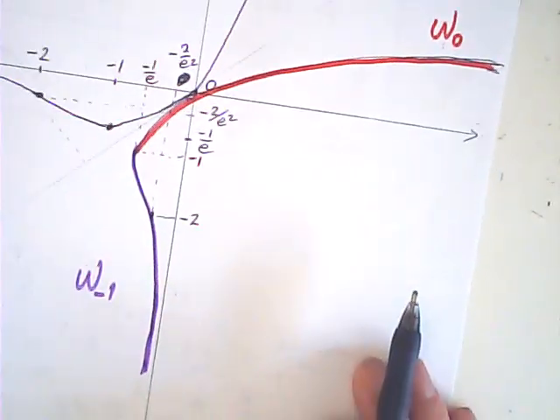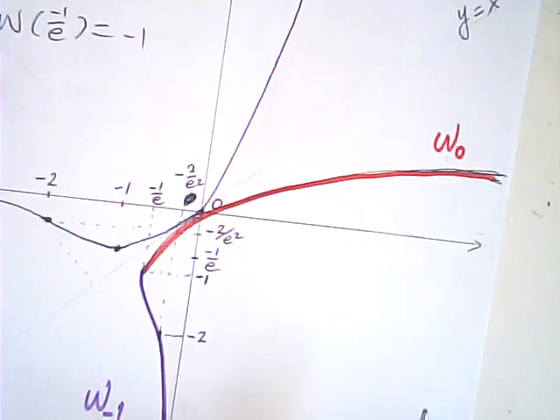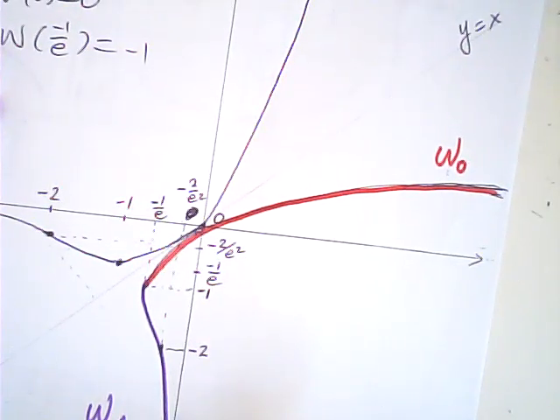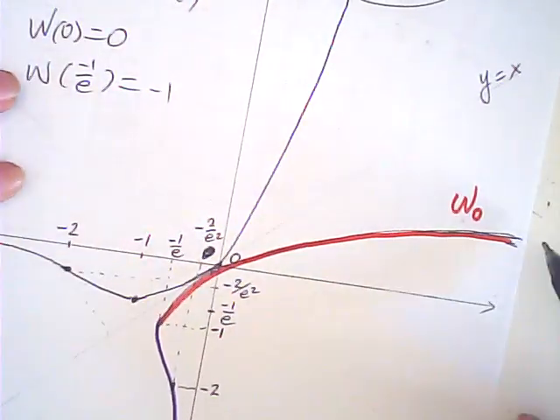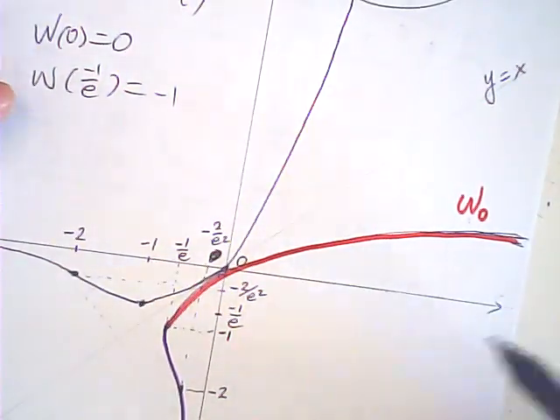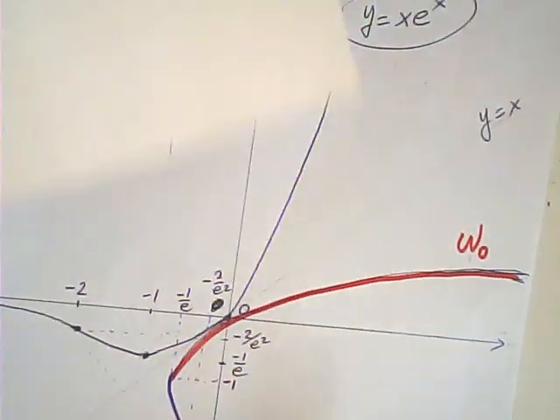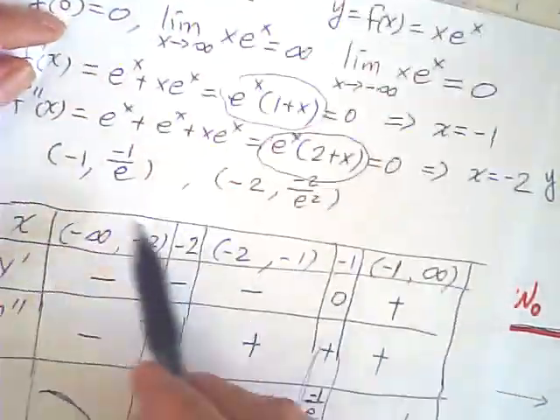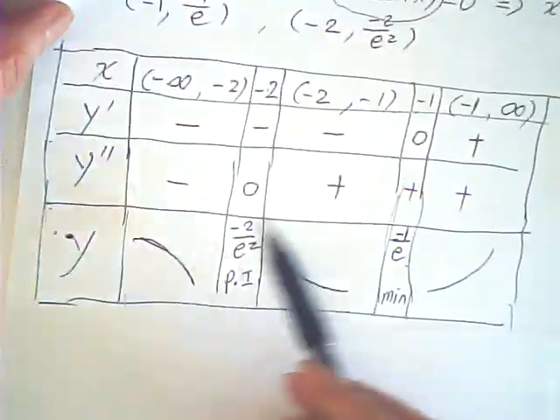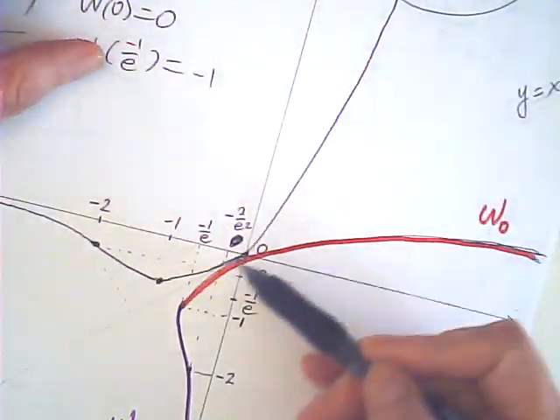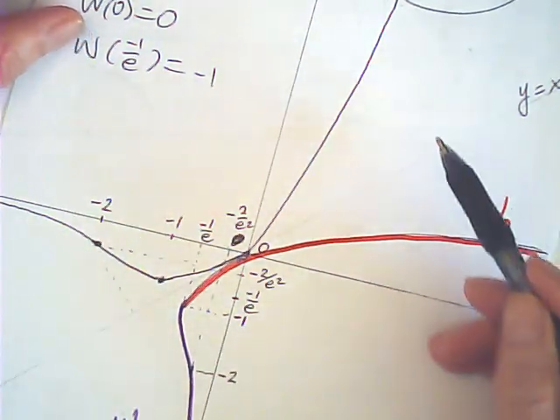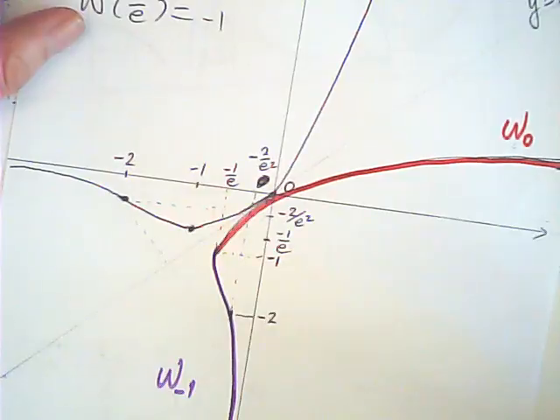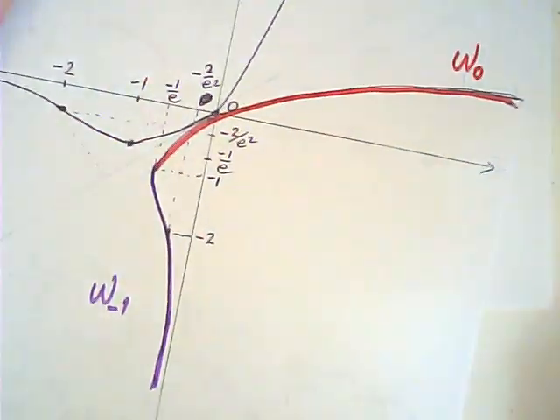I hope this graph helps you use the W function. Today our main thing is how to get this curve. That is today's objective: to use the steps here, to use the table, and from this curve we get an image of the inverse of the function, and so on. Well, I hope you like it.